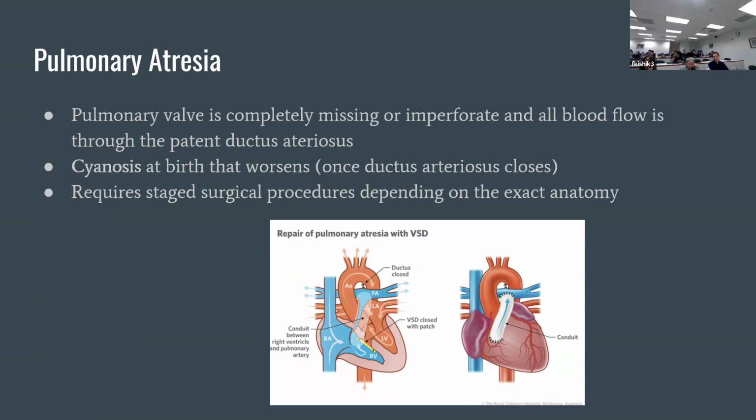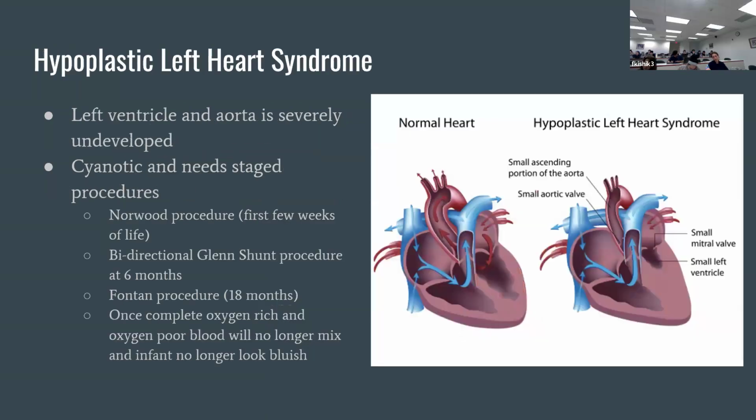So once that closes, that communication, the cyanosis will get worse. So you can give prostaglandins to try to keep the ductus arteriosus open longer while they wait for surgery. This requires a big staged surgical procedure depending on the exact variation in anatomy.